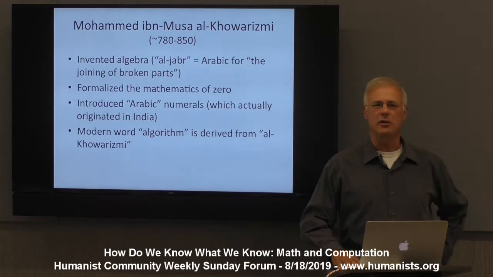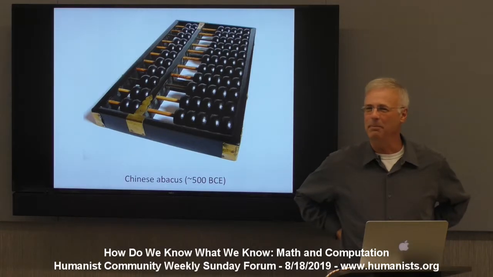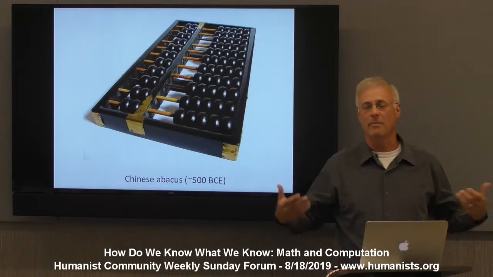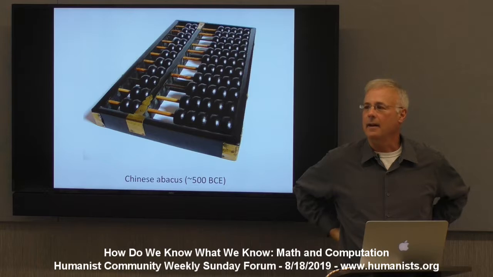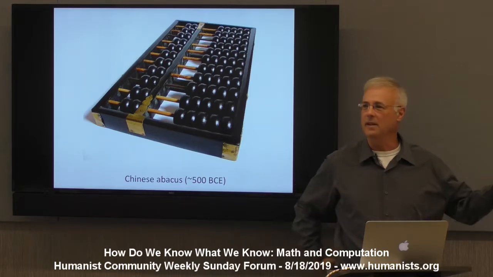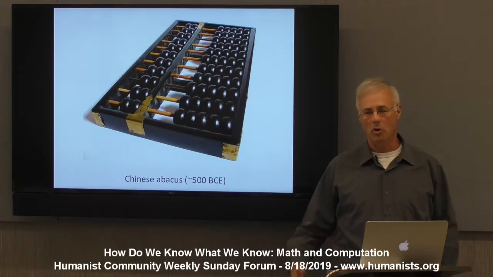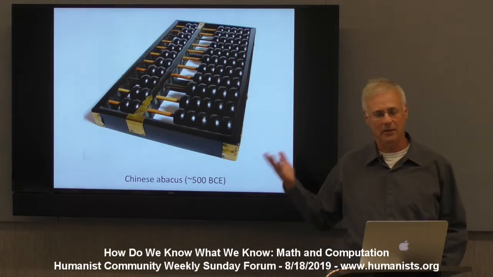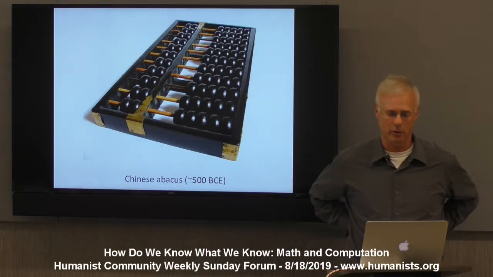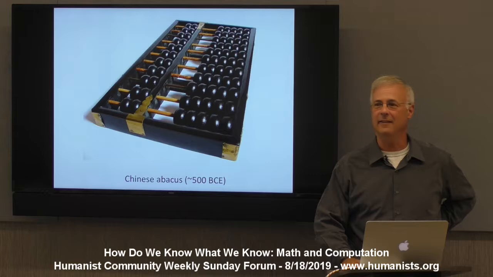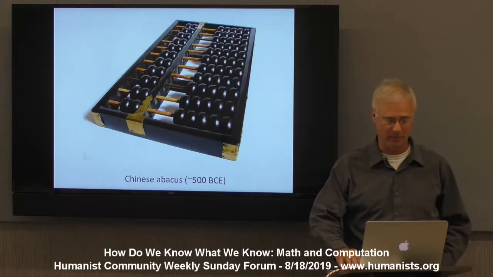Together with the invention of mathematics itself came the invention of machines to help people perform mathematical calculations. The Ishango bone I've already mentioned. More sophisticated tools like the abacus date back to about 500 BCE. And again, this is an invention that was independently invented many times in many places.